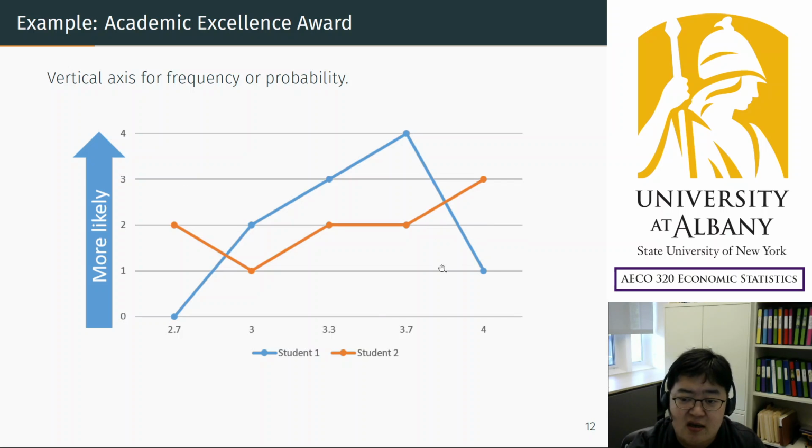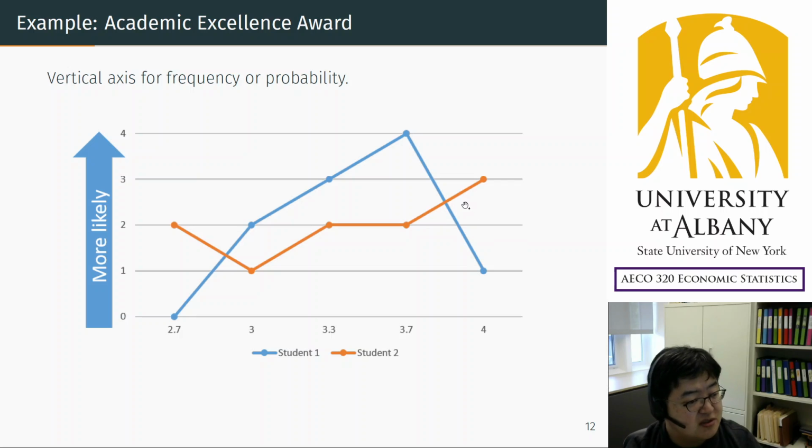Then what can we say? We can say student 2 has more classes in which he or she got A. So student 2 got more A's. But at the same time, student 2 got more B minus, which is the worst grade of these two students.